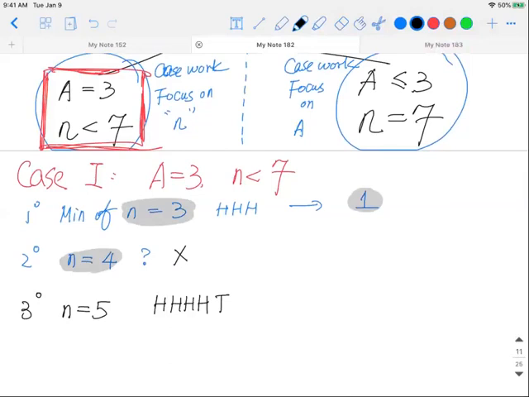For instance, when you have 3 heads in a row, your game is already over. You can't wait all the way to N equals 5 to finish your game. So who can tell me, whenever N is equal to 5, you flip 5 times, and you want to make sure A equals 3, how many scenarios you have in such a case?